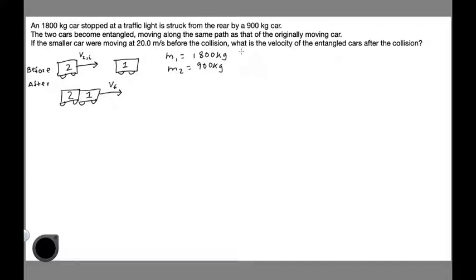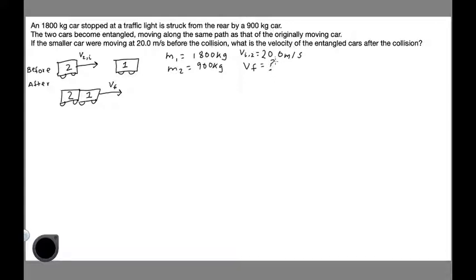And we know that the initial velocity of car 2, so let's actually write that as VI2 instead of V2I, is going to be 20 meters per second. And we want to find out what the final velocity of both cars stuck together is.